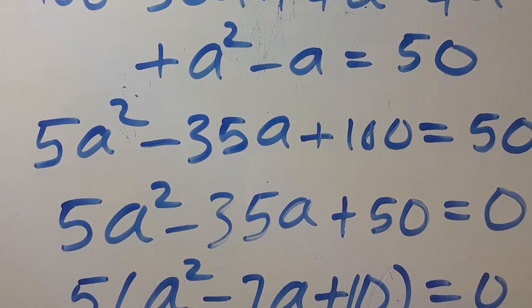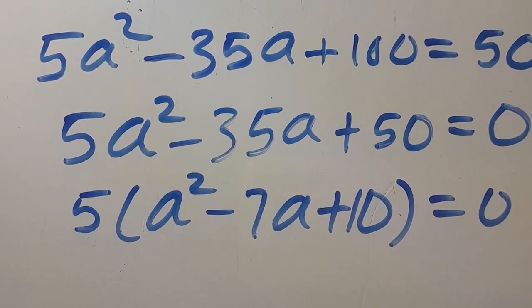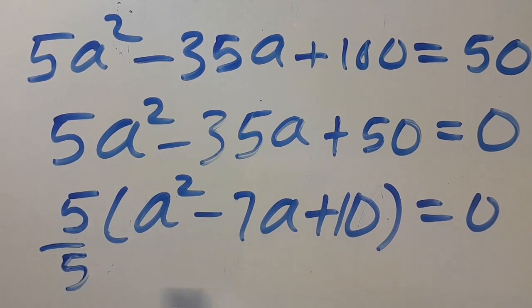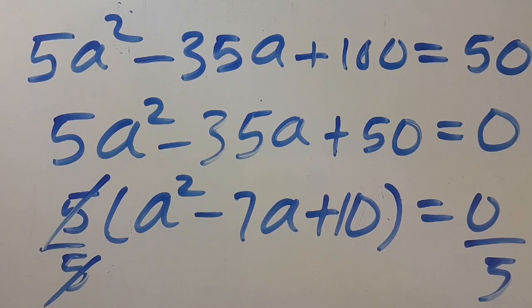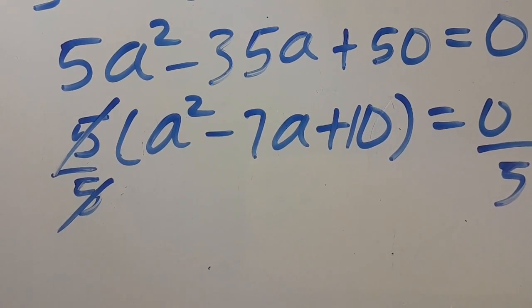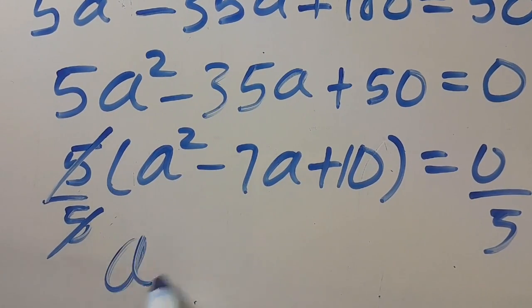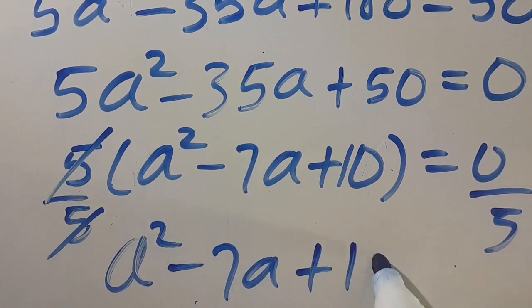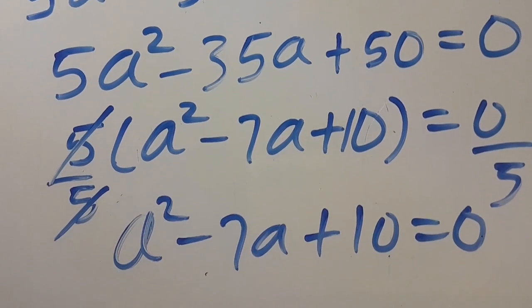So now from here, when we divide by 5, then this and this will cancel. So we are going to have only a squared minus 7a plus 10 equal to 0.